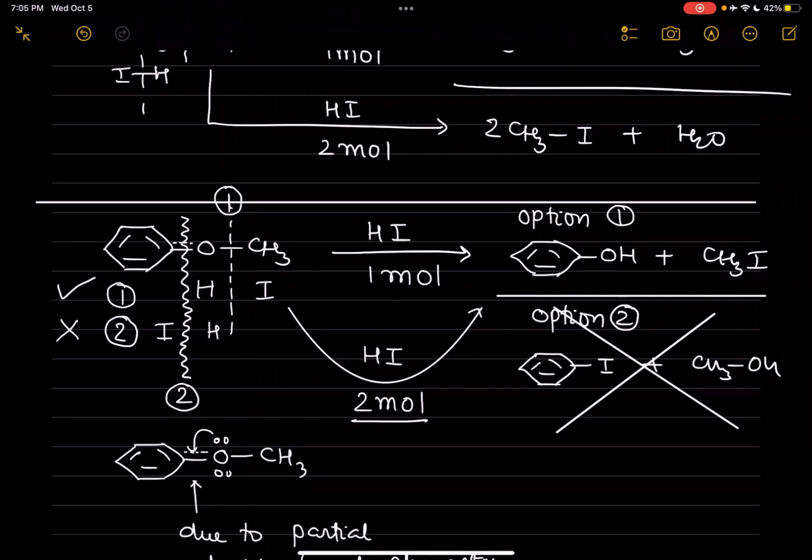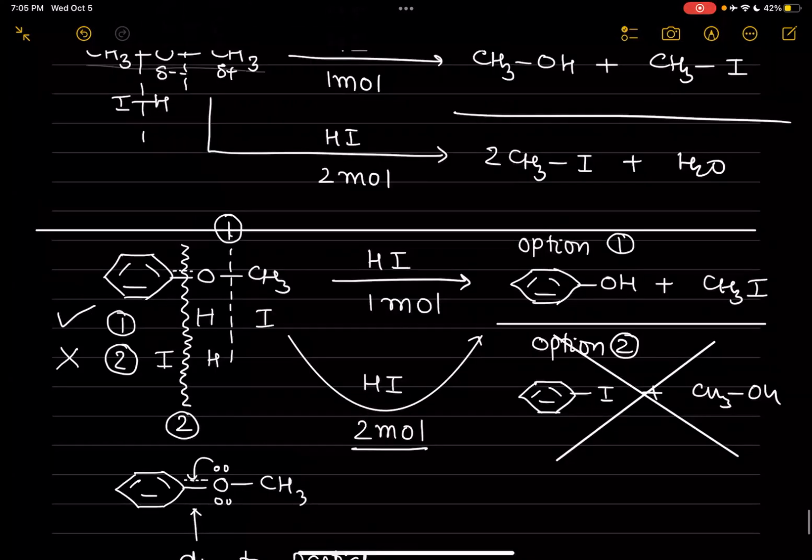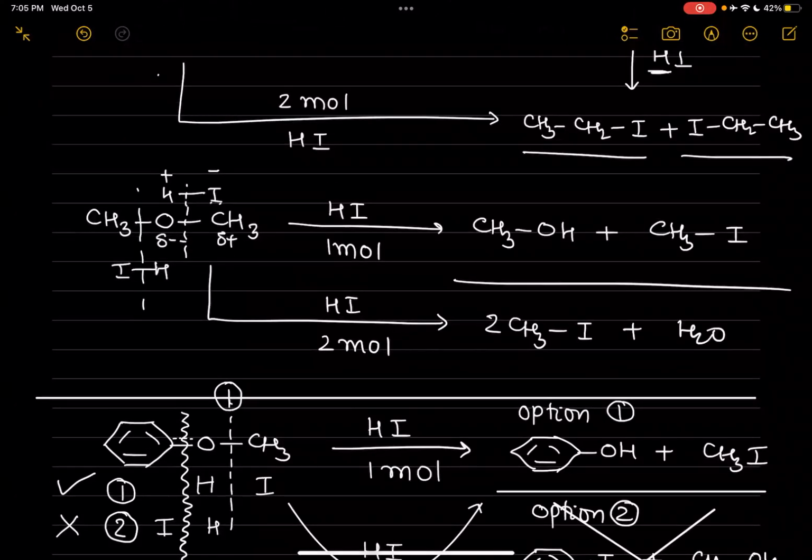But in the above case, when you took 2 moles of HI, both the alkyl groups got attached to I, and the oxygen was attached to hydrogen on both the sides, so you ended up with water. Clear? Yes, sir, clear.